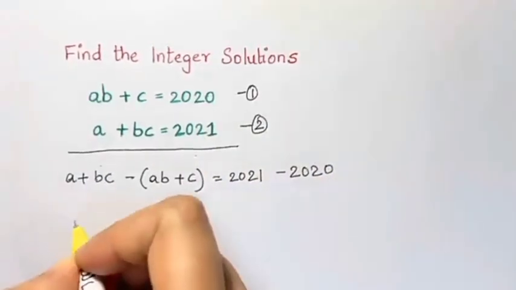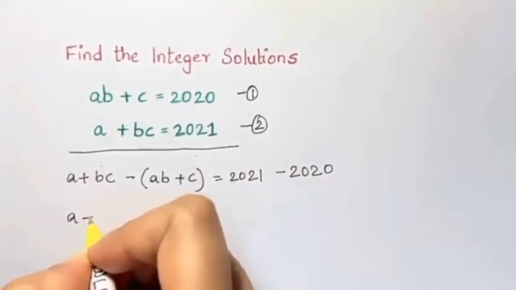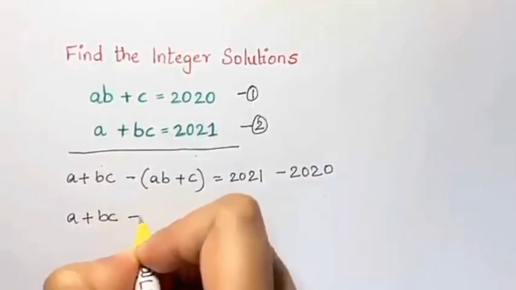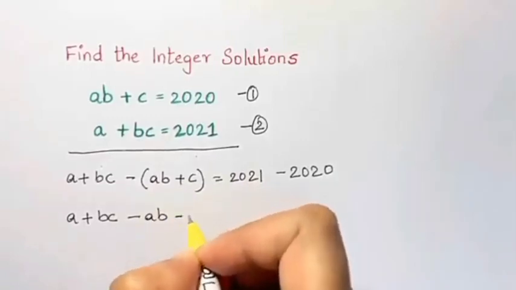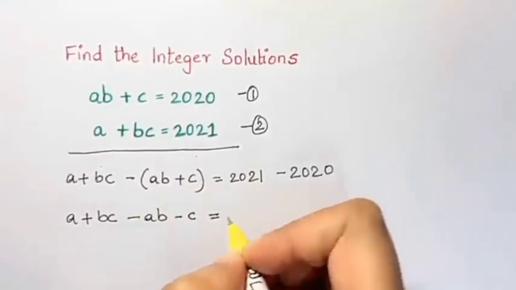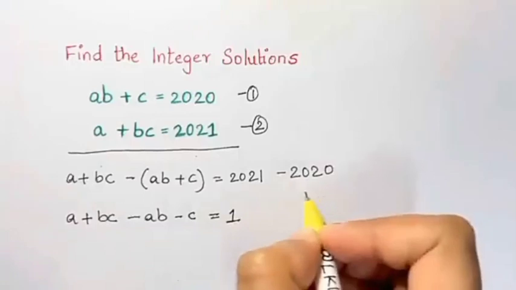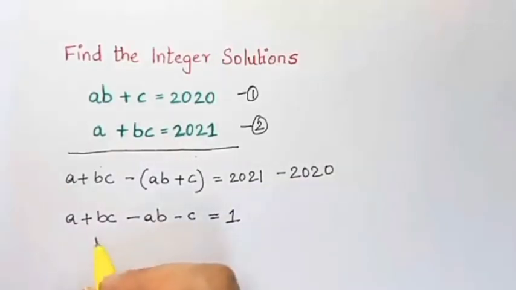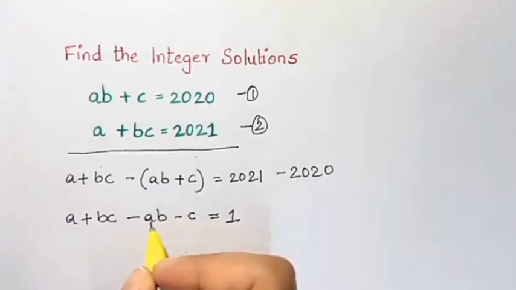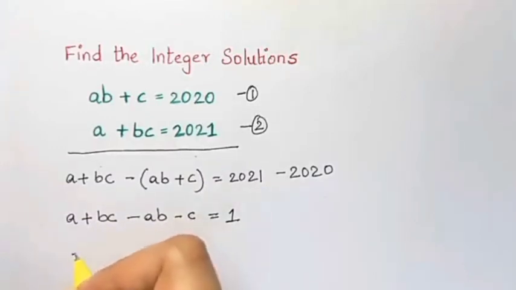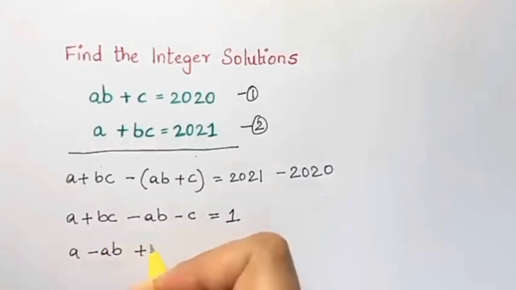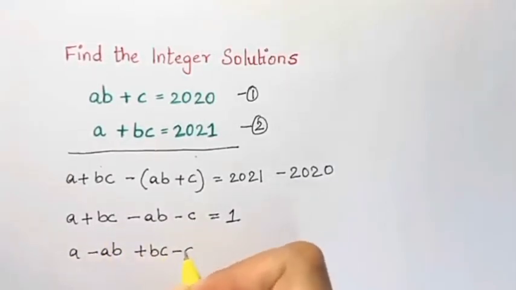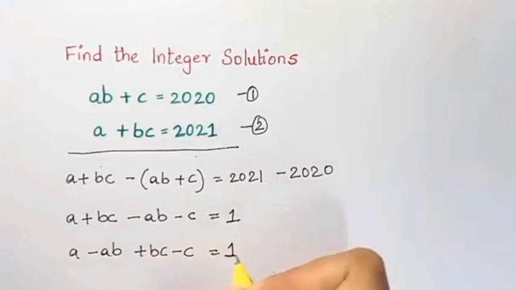That will give us A plus BC minus AB minus C is equal to 1. The difference between them is 1. Now let's combine the terms. I can see A and A in this term, so let me write it down together. A minus AB, then I have plus BC minus C is equal to 1.